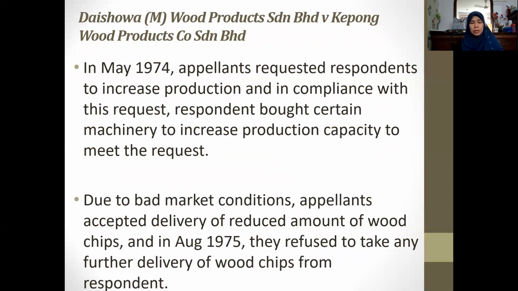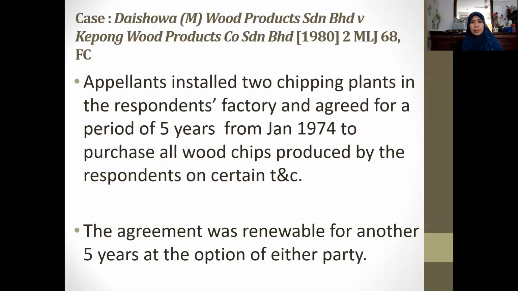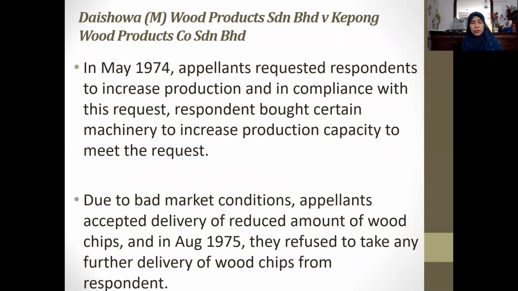They signed it in January 1974, and 4 months after, in May 1974, appellants requested respondent to increase production. They said, I need more, so please produce more. In compliance with this request, respondent bought certain machinery in order to increase production, to meet the demand or request by the appellants.